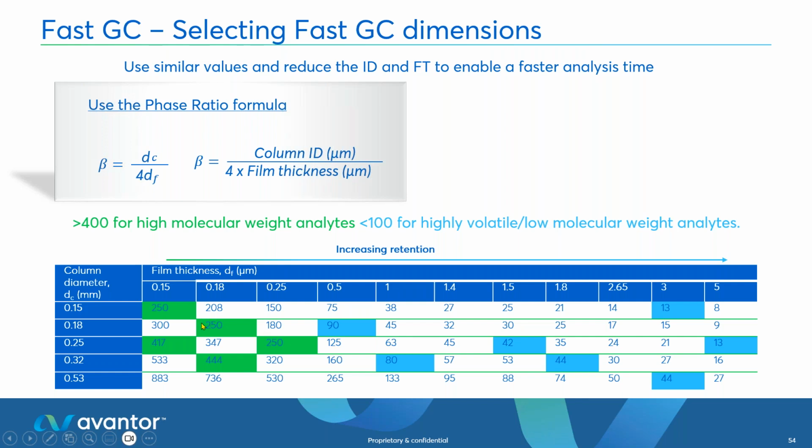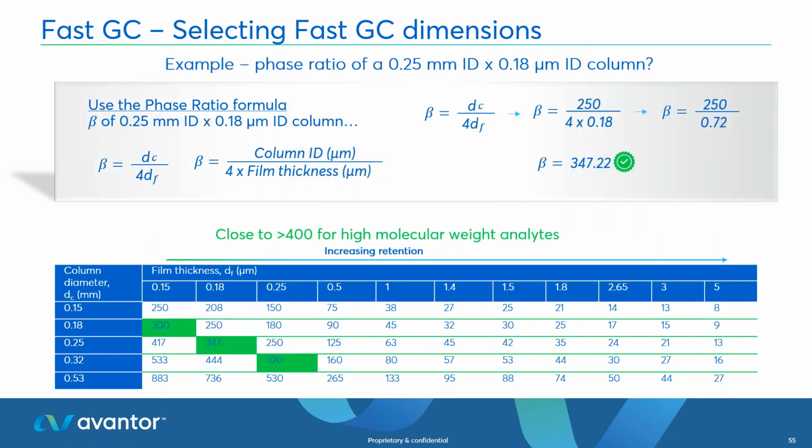And you can move down to smaller dimensions and just look for a similar value, within maybe 50 units, and you can maintain similar retention. This is really important because you don't want to be changing dimensions and then completely changing the retention. You want the phase ratio of the ID and the film thickness to be as similar as possible. You'll get this information afterwards. It's just to show that you can calculate the phase ratio to try and find a suitable smaller dimension, but with a similar phase ratio.